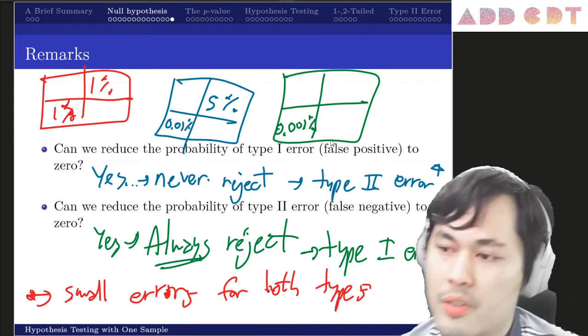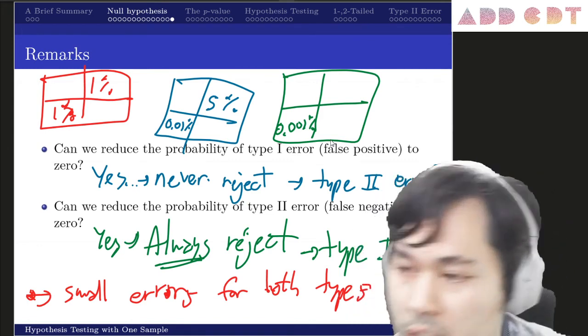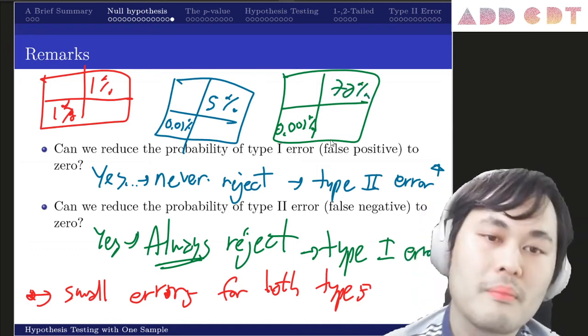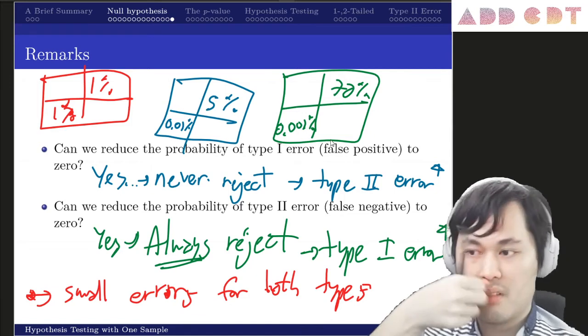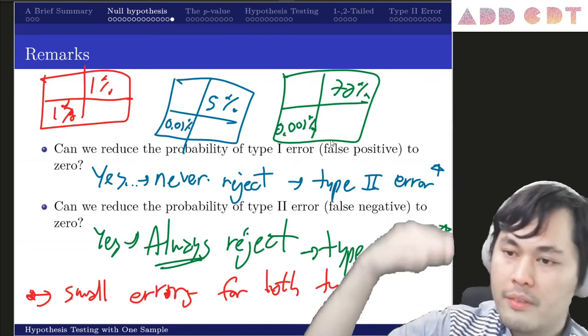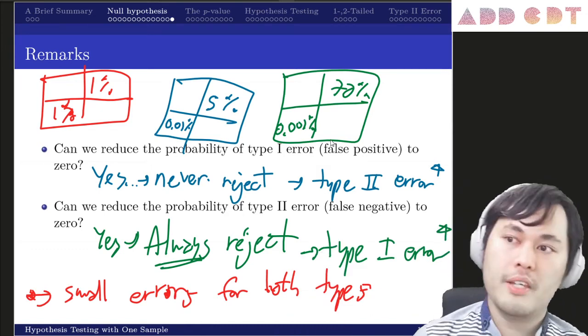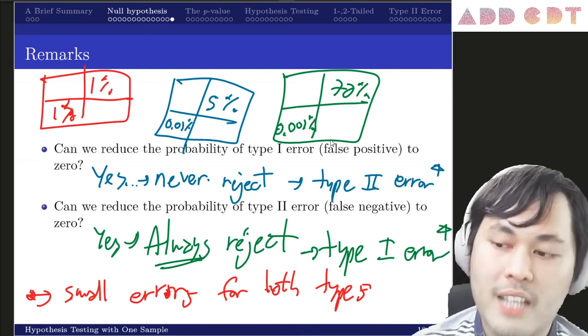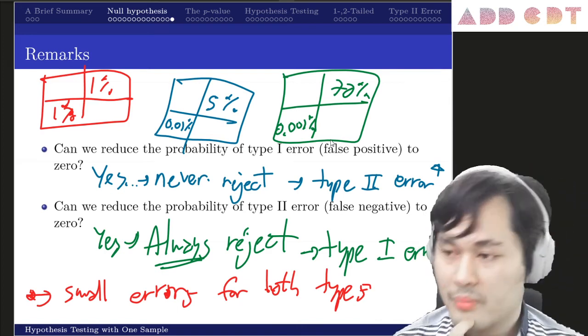Maybe that works for you, but the other one might blow up to, let's say, 70%. That's possible. If we don't want anyone to be dead, we have to spend resources on every single person who comes into the hospital, and that means maybe most of the time we are going to treat dead people and waste resources.